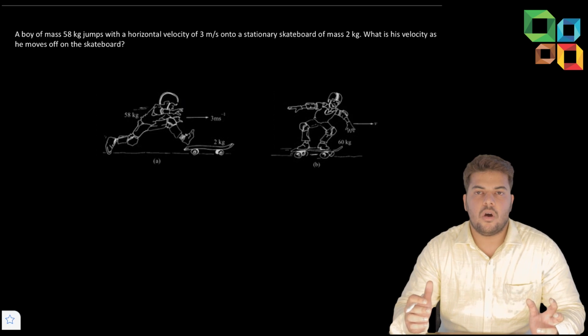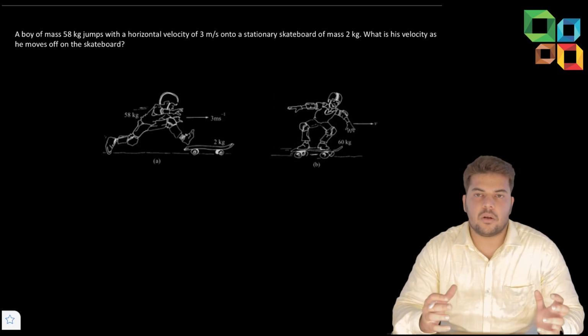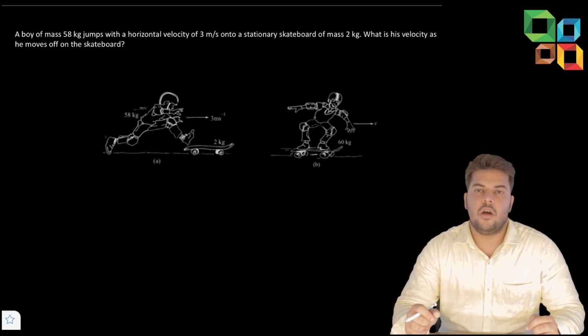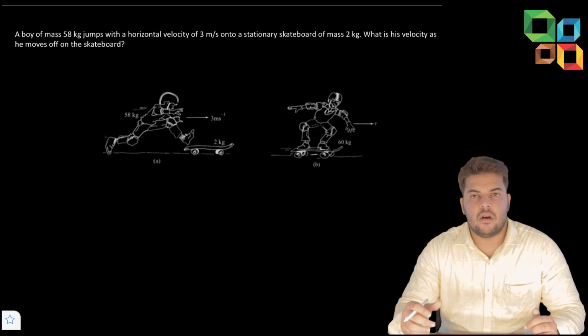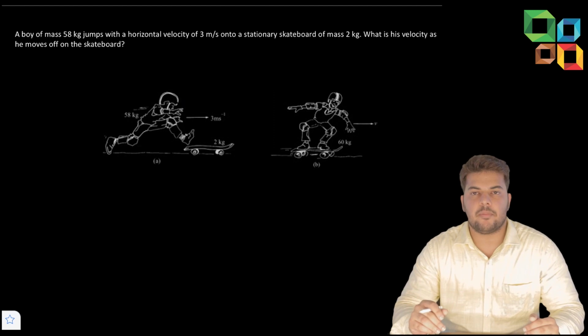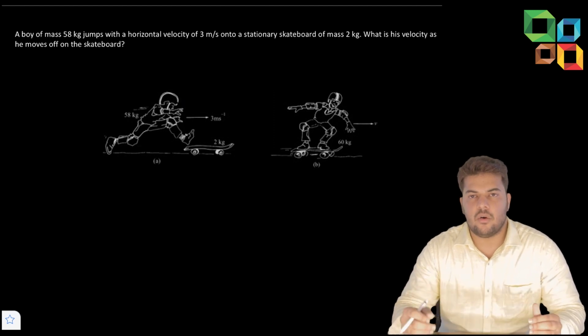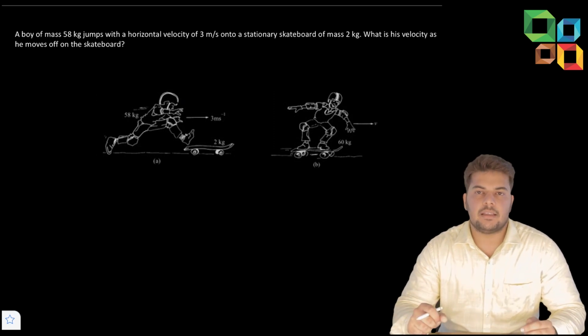Now, would it move once you get on the platform? Would it move with the same velocity, or with a greater velocity, or with a smaller velocity than your own velocity?